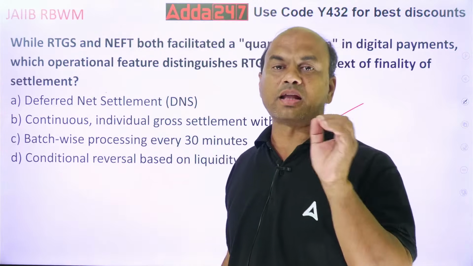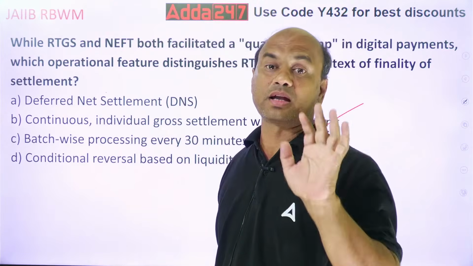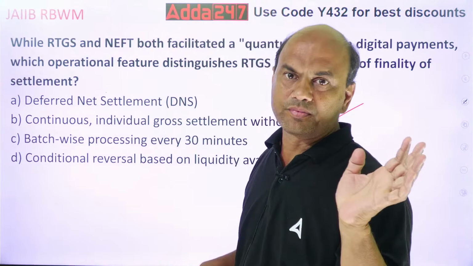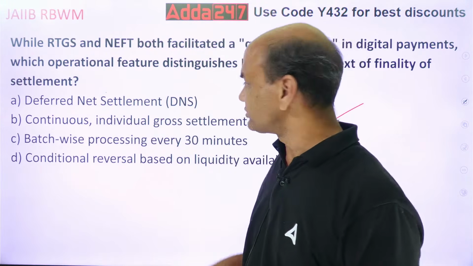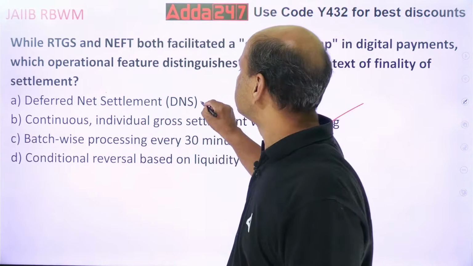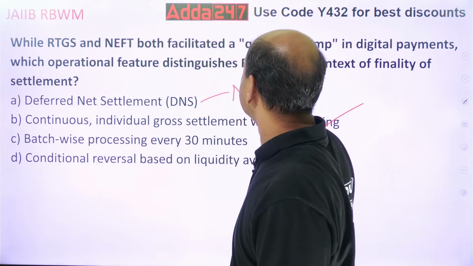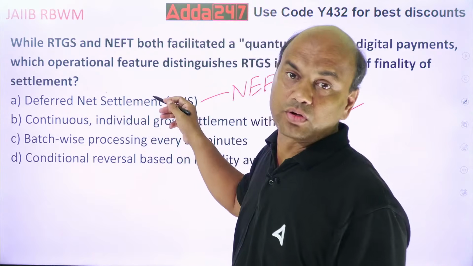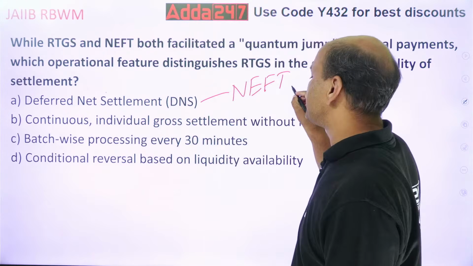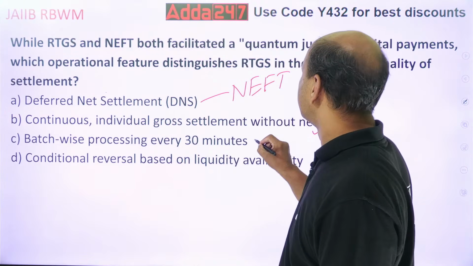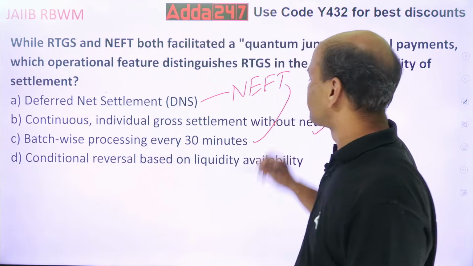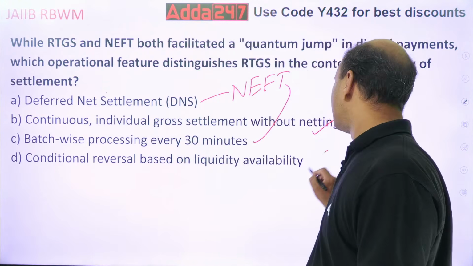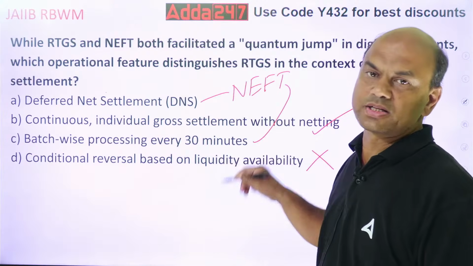Real time gross settlement: real time, right now payment, right now inputted, right now money gone. Gross settlement. This is NEFT, deferred net settlement. This is also called batch processing. This is also NEFT. Conditional reversal based on liquidity is not available to NEFT or RTGS.